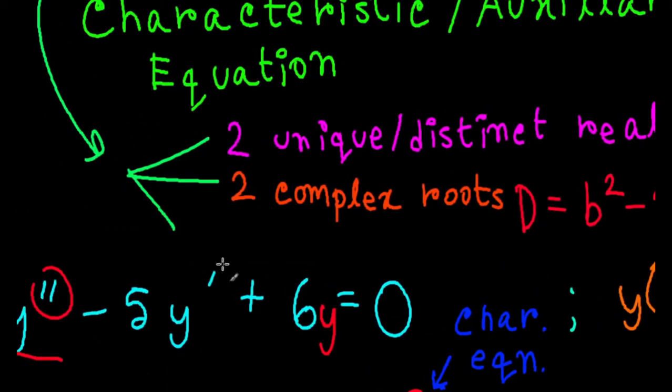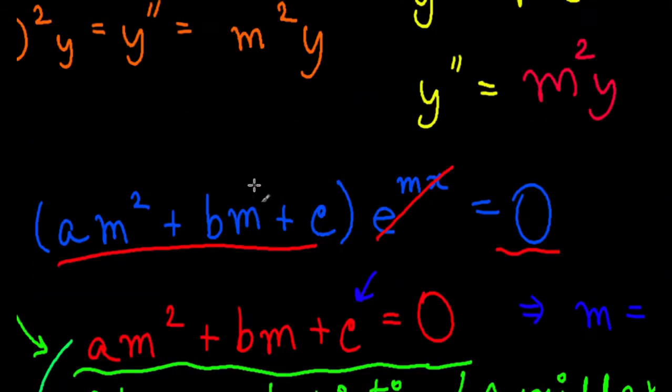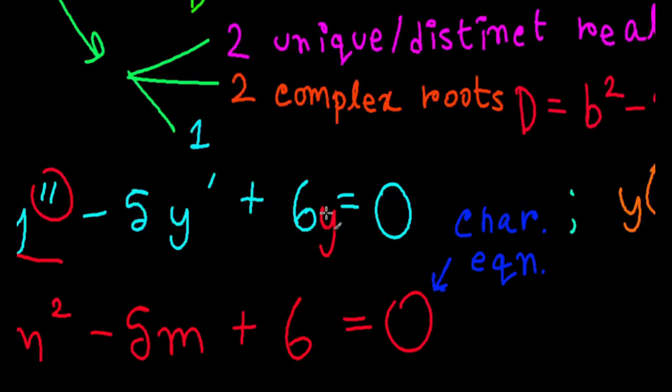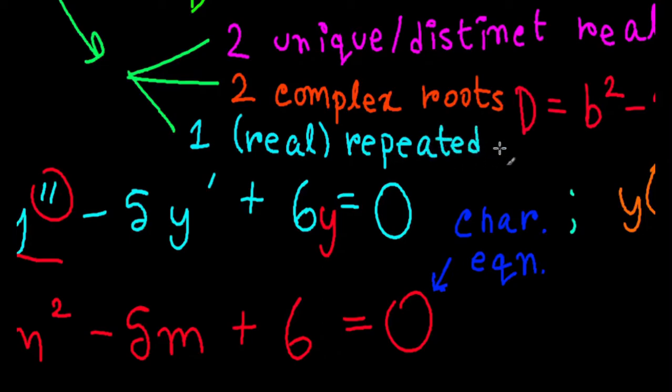This time we're going to look at the very last case, which is when the equation has a single repeated root, and it's going to be real if all the coefficients of our differential or characteristic equation are real. So we're going to assume that. So we'd have one real repeated root, repeated two times. Let's talk about what happens then.